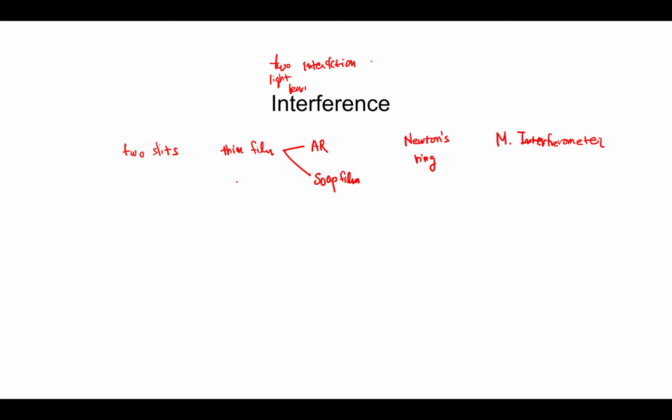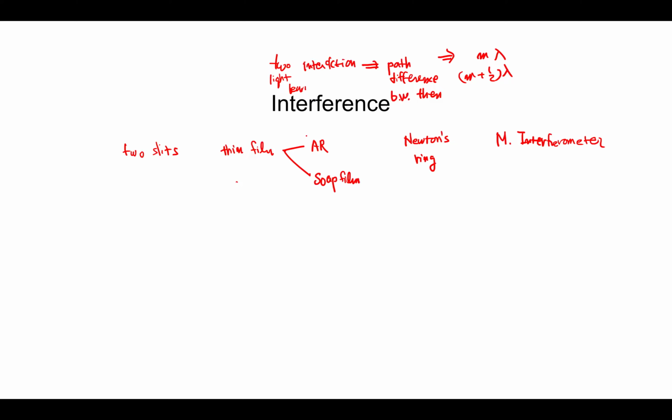And then you need to consider what is the path difference between the beam. And depending upon the path difference, if it is order of m lambda or m plus half lambda, you may get the constructive or destructive.